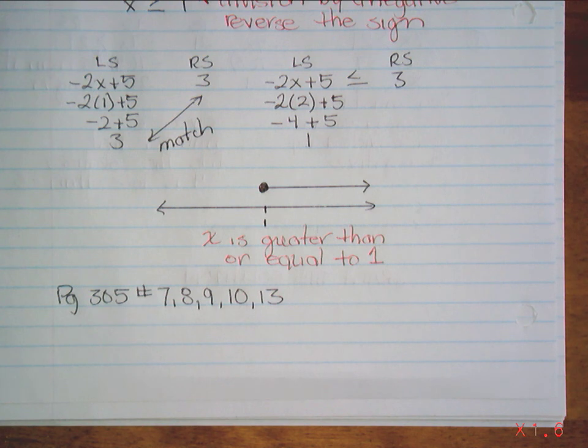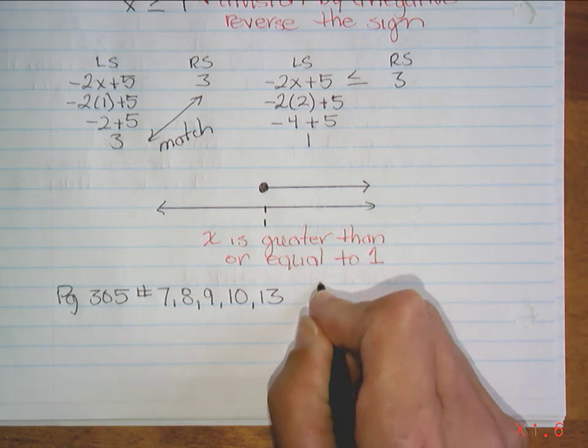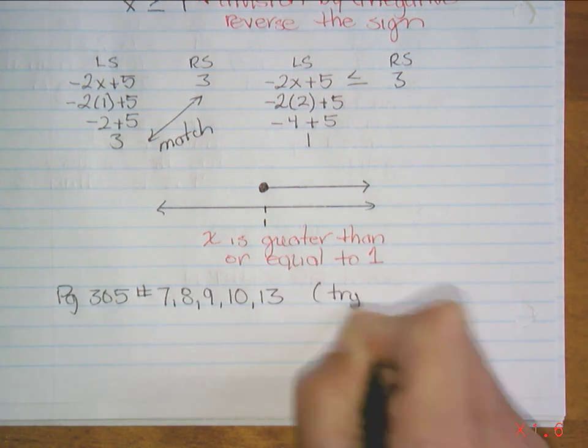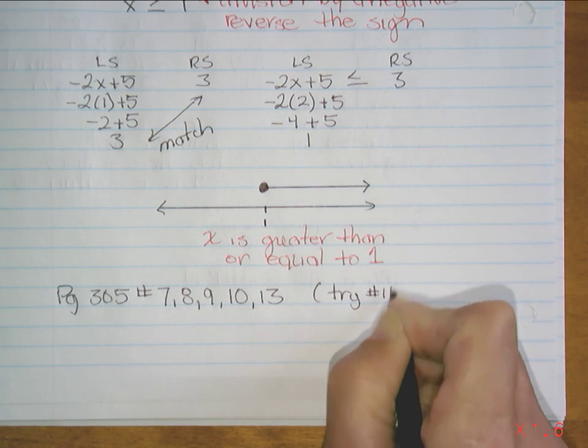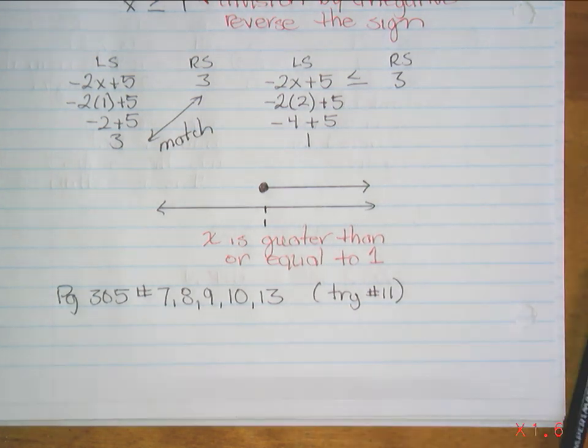For 8, 9, and 13, you're not doing checks. You could, if you want, try number 11, but that's only if you have time and you want to. There you go.